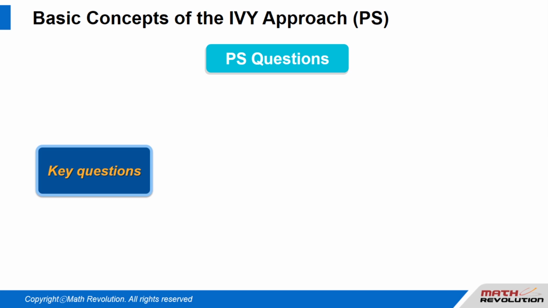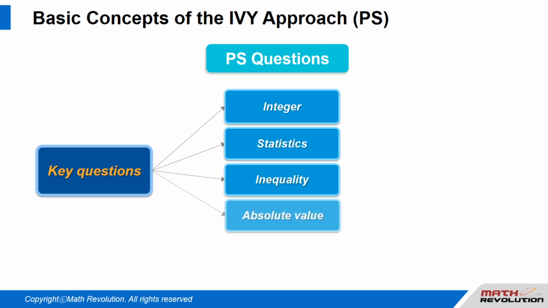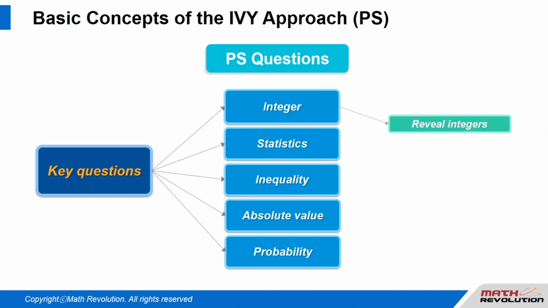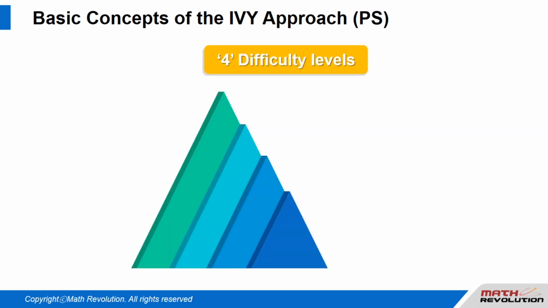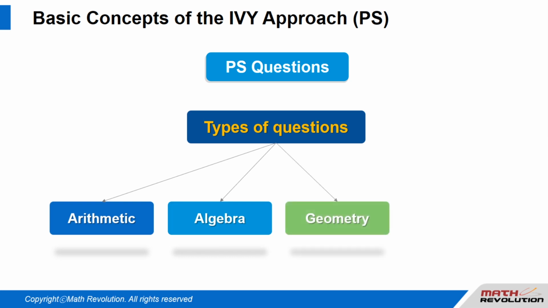More frequently appearing key questions cover the following 5 topics: integer, statistics, inequality, absolute value, and probability. Integers can be categorized into revealed integers and hidden integers. There are 4 difficulty levels: easy, medium, hard, and very hard. The types of questions are arithmetic, algebra, geometry, and word problem.